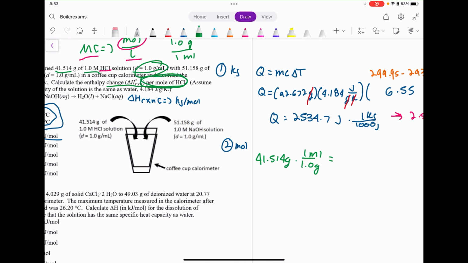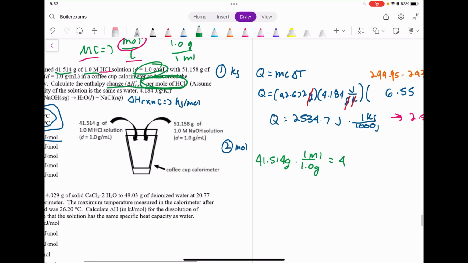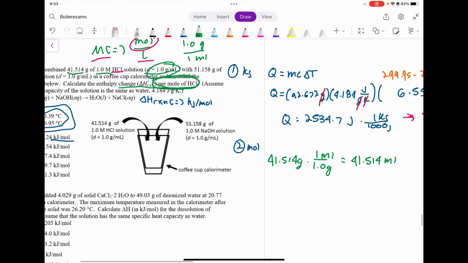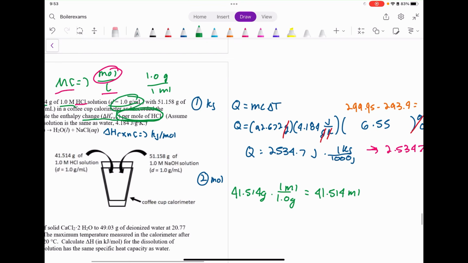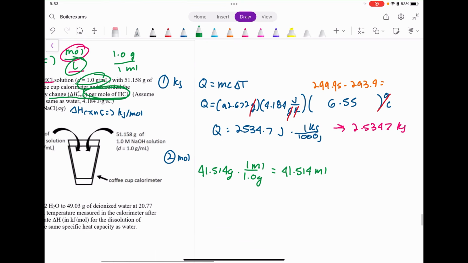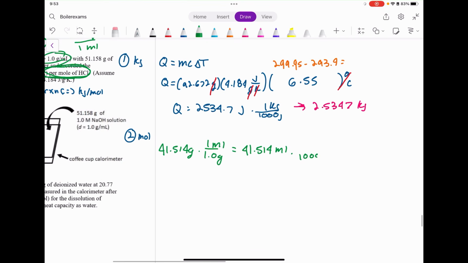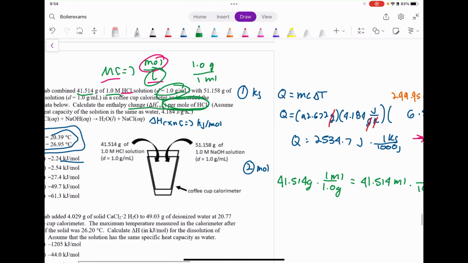So it's just 41.514 milliliters of volume. I'm going to convert this into liters real quick because that's what our molarity is in. I know there's 1,000 milliliters in 1 liter, so let's divide that by 1,000, which gives me 0.0415 liters.